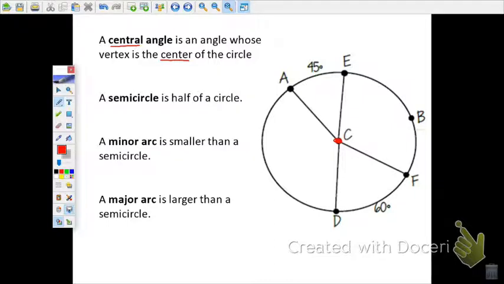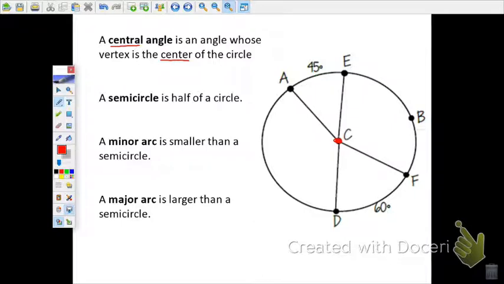So these central angles then have special names depending upon their size. When we have a central angle, that angle is going to intersect part of the circle. A semicircle is going to be half of the circle.